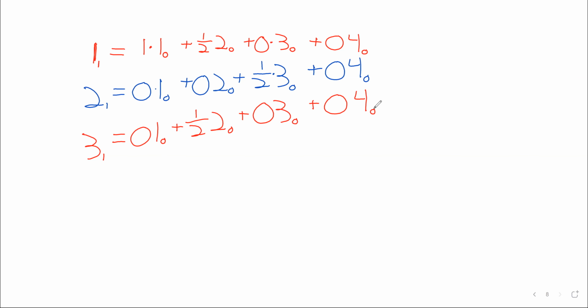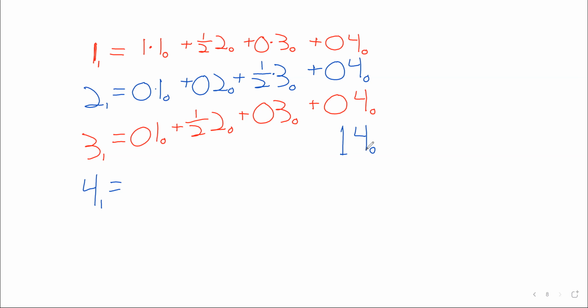There are 2 ways to wind up in state 4 after one transition. We could start in state 4, and then we remain with probability 1.